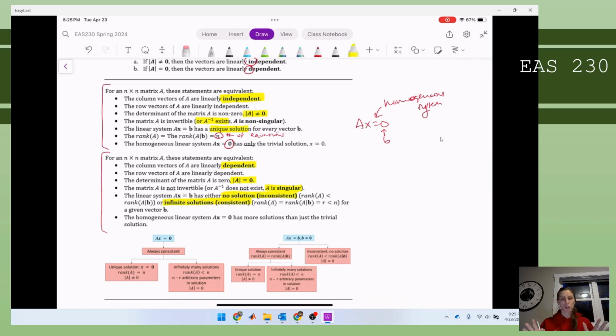It depends on what the rank looks like. If the rank of A equals the rank of AB, then it will be consistent with infinite solutions. If the rank of A is not equal to the rank of AB, then it's an inconsistent system with no solution.